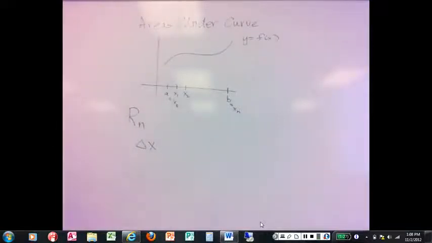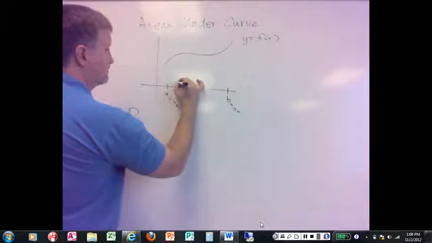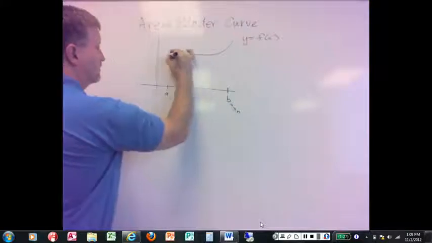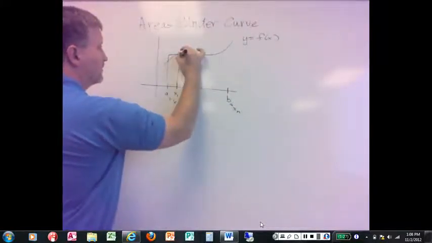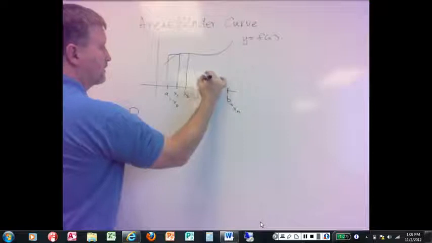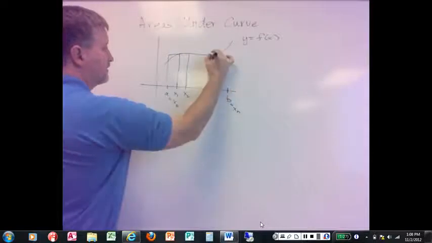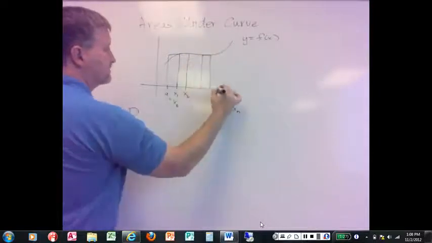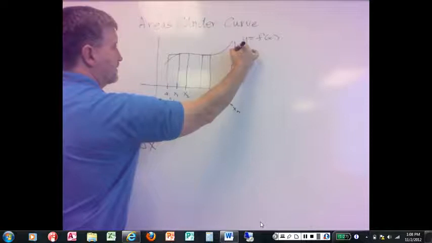The rectangles would be right-hand endpoints, so I'd be going up to here, and so forth and so on. I'd have n of these little rectangles through here, and then the last one would be right there.